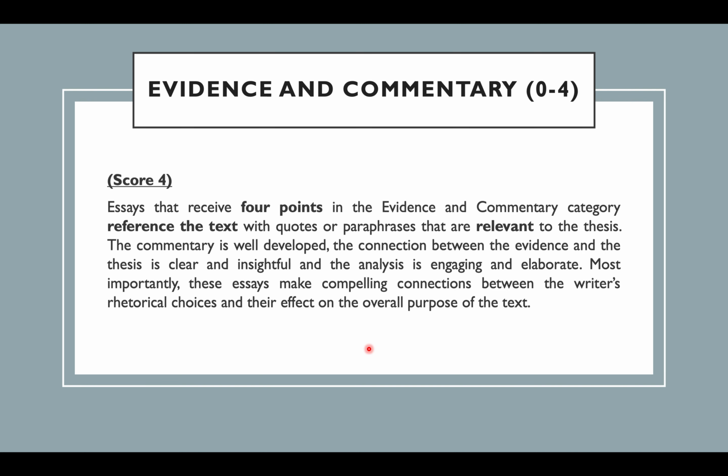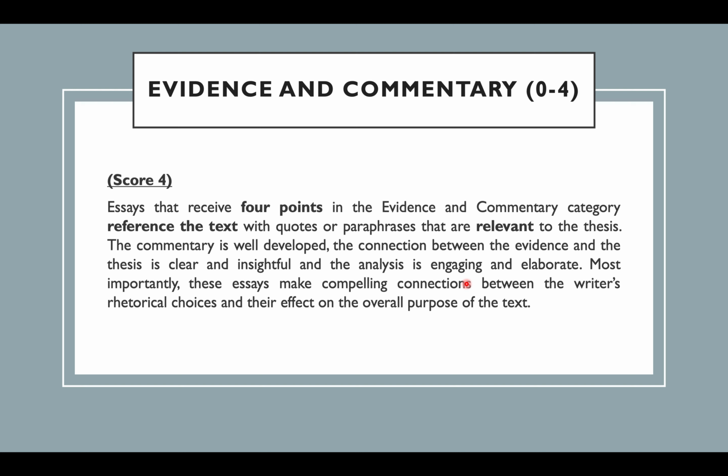All right, and a 4. Mind you, a 4 in the evidence and commentary does not mean perfect, and that's very important. What it means is that it references the text with quotations and paraphrases that are relevant to the thesis. It is well developed. There is a connection between the evidence and the thesis that is clear and insightful, and the analysis is engaging and elaborate.